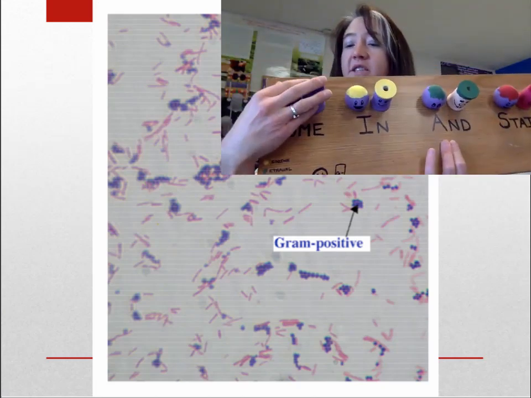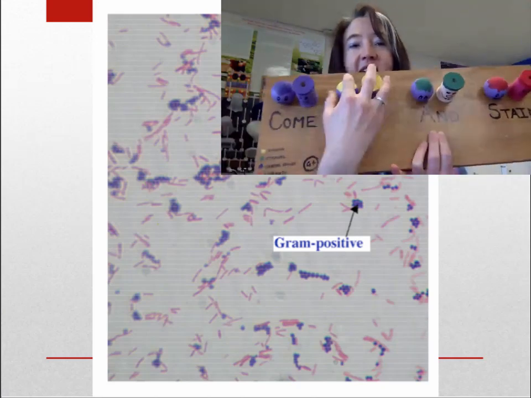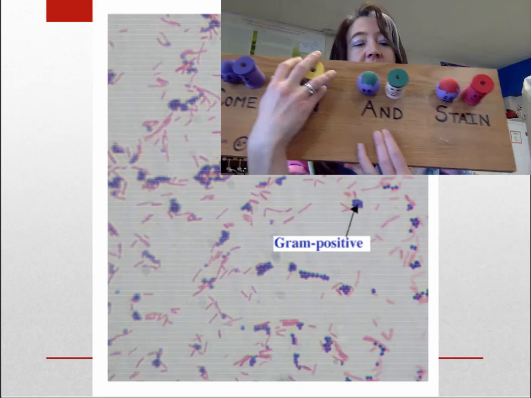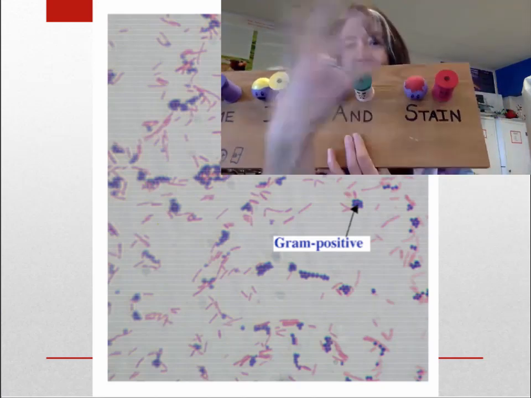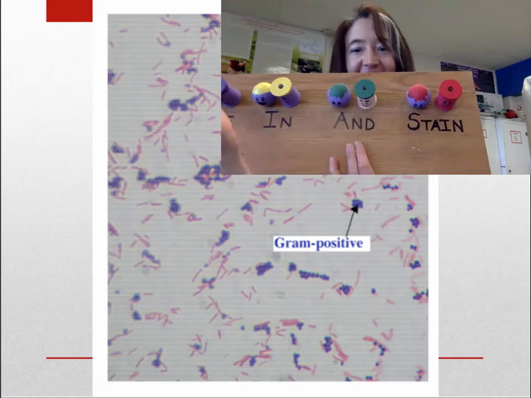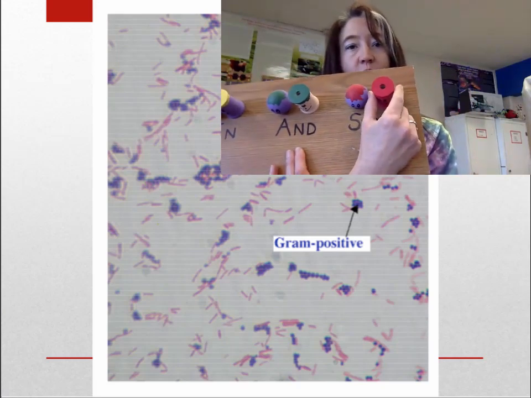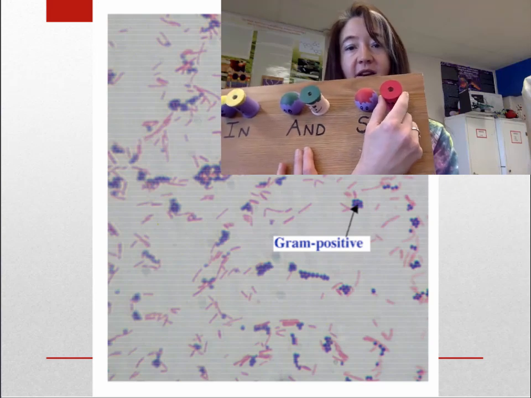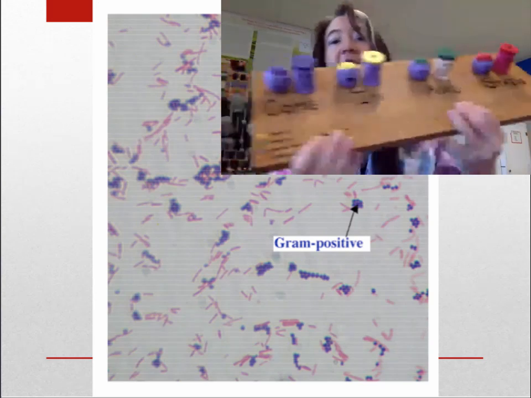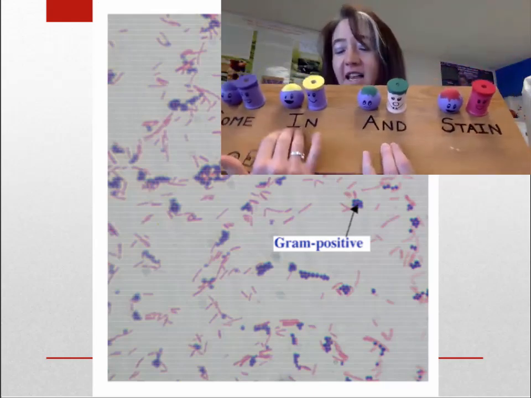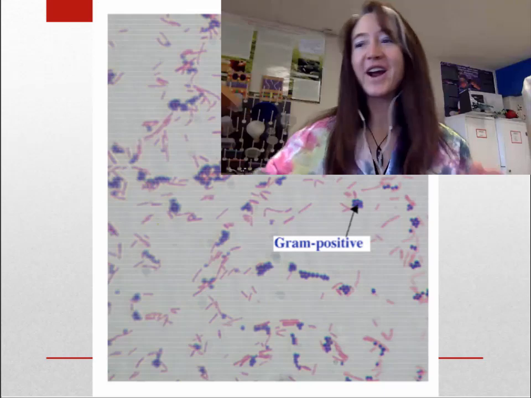Notice when crystal violet is utilized, everything turns purple. Iodine enhances that purple color. When alcohol is run over the gram-negative cell, it loses everything. How embarrassing, right? It becomes completely naked. And then when it is counterstained with the safranin, it turns pink. Purple gram-positives, pink gram-negatives. Come in and stain: crystal violet, iodine, alcohol, safranin, and that'll help you remember the gram stain forever.